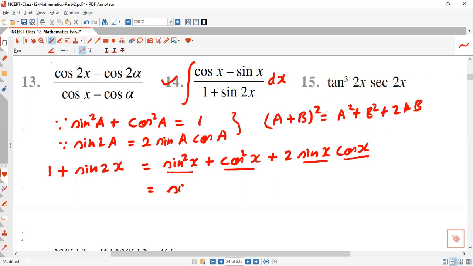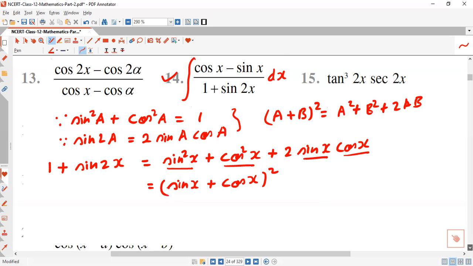So this is sin x plus cos x whole square. So we know that this 1 plus sin 2x can be written as sin x plus cos x whole square, or you can say cos x plus sin x whole square.